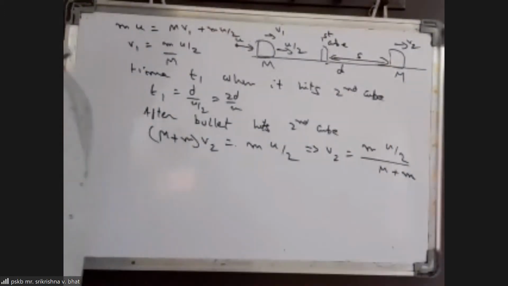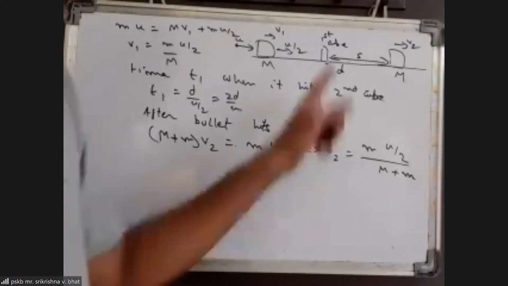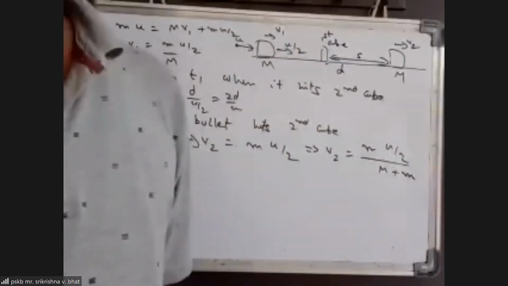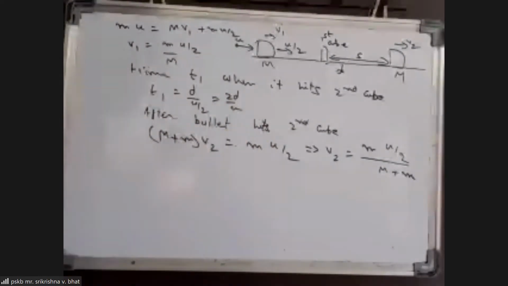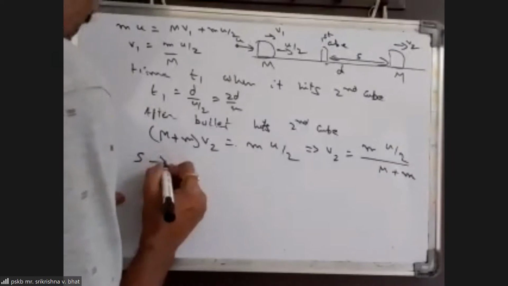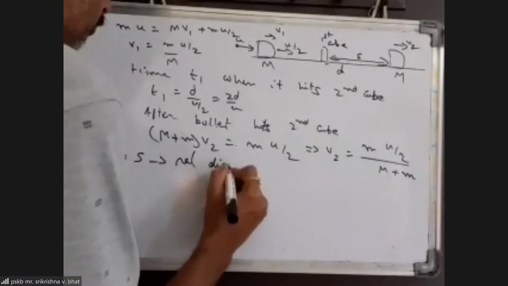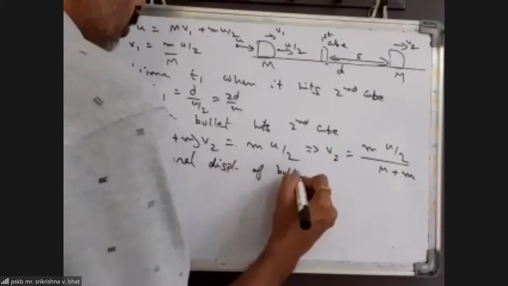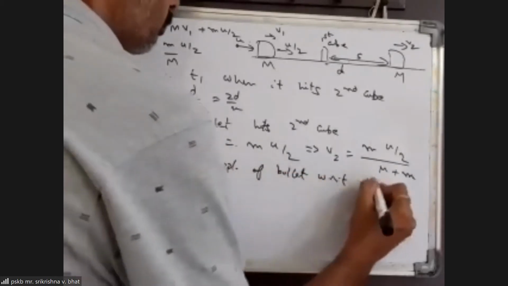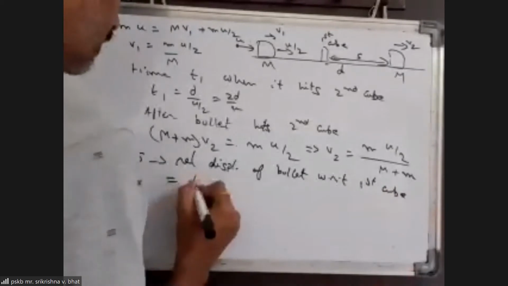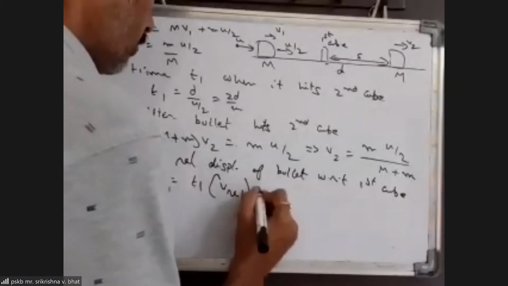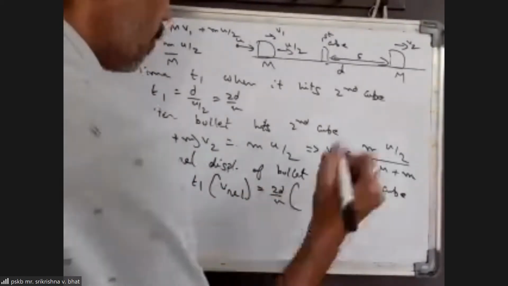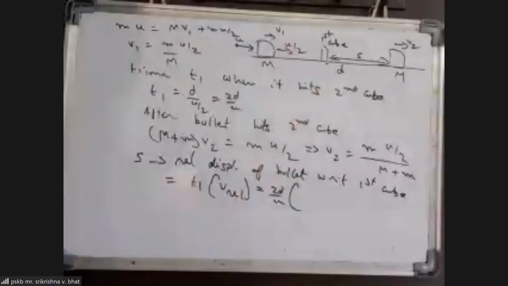Now that separation can also be considered to be the relative displacement of the bullet with respect to the first cube in time t1. So we can consider s as the relative displacement of the bullet with respect to the first. That should be nothing but time t1 into relative velocity, which is 2d by u into the relative velocity, which will be the velocity of the bullet minus the velocity of the block.